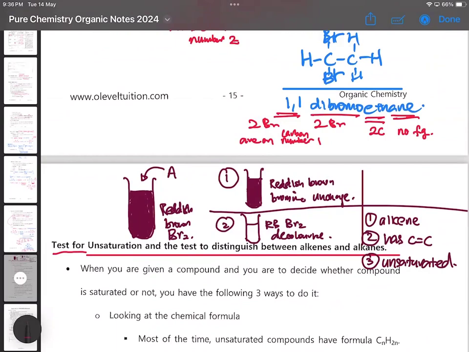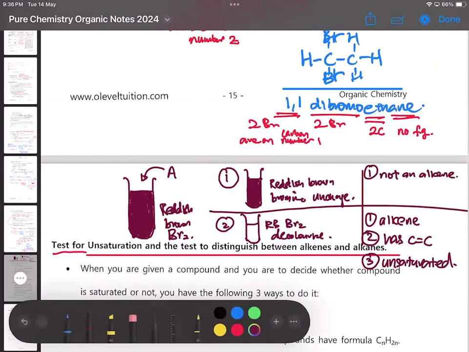Okay, in the same way, if it remains reddish brown, number 1, I cannot say that it's an alkane. I can only conclude that it is not an alkene. Let me write that nicely. Okay, it is not an alkene.